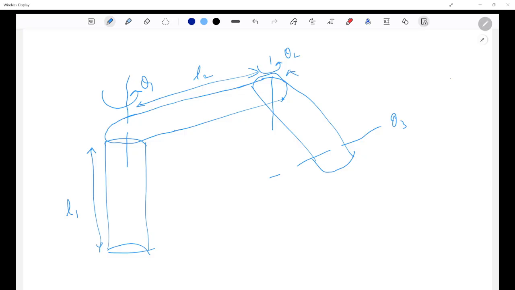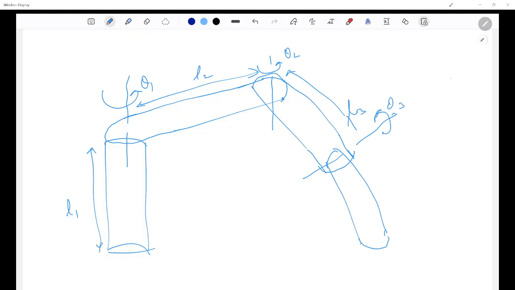This length is L3, and again you have a revolute joint. So basically theta 1, theta 2, theta 3. I did not draw this properly either. You're rotating about this by an angle of theta 3, and the offset by which this is lying here is L4.